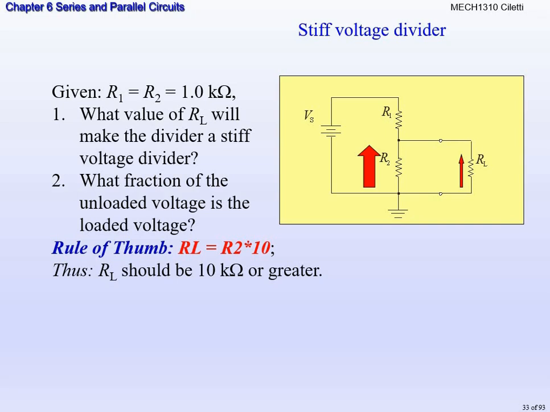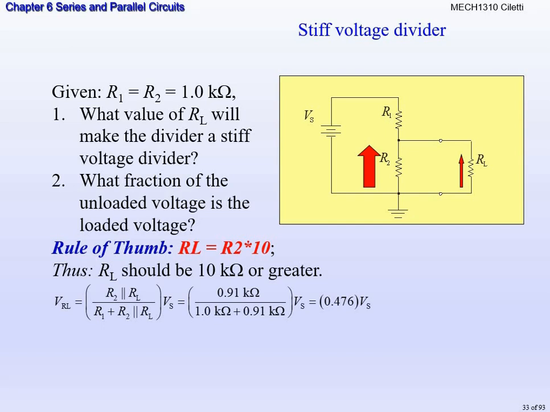So we have to take 10 times 1000, therefore RL needs to be 10,000 kilo ohms or greater. So that gives us a stiff voltage divider there. Alright, if we needed to calculate that, I've put the math up here for you.